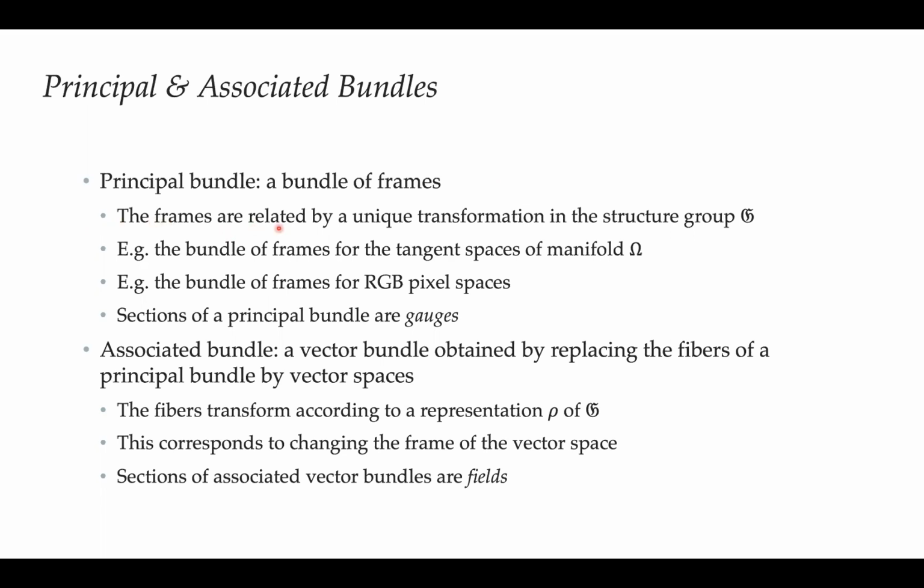Now, any two frames will be related by one and exactly one transformation from the structure group G. Two orthogonal frames will be related by an orthogonal transformation. Two oriented but otherwise general frames will be related by a linear transformation with positive determinant, etc.